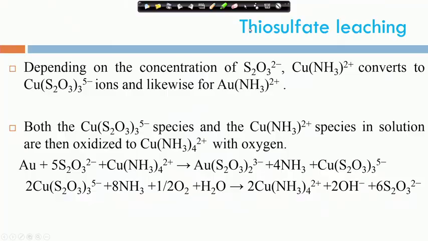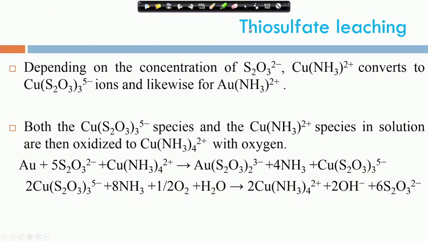This is another leaching process. Leaching, as you know by this time, means moving things from the solid phase to the liquid phase. So here also our goal is to get the gold out of the electronic waste and into the solution, and then we can try to recover gold from a solution which is enriched in gold. Right now it's in the solid form, so extracting that from solid to liquid, and then finally getting the pure gold out of that.